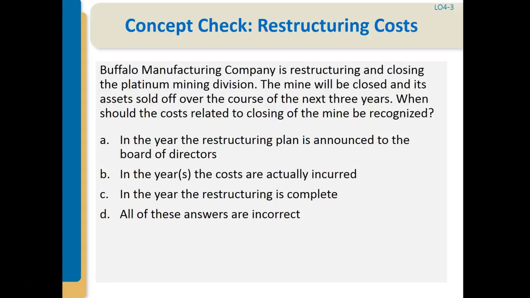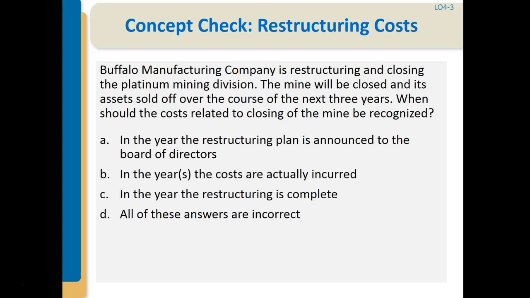So let's take a look at a question for you. Buffalo Manufacturing Company is restructuring and closing the platinum mining division. The mine will be closed and its assets sold off over the course of the next 3 years. When should the costs related to closing of the mine be recognized? Would it be A, in the year the restructuring plan is announced to the board of directors?